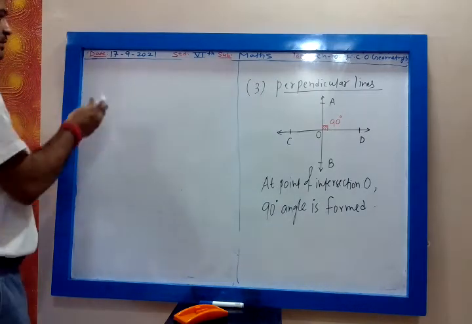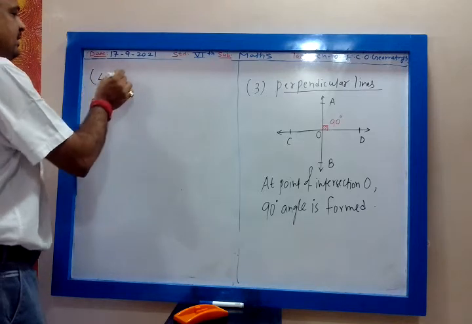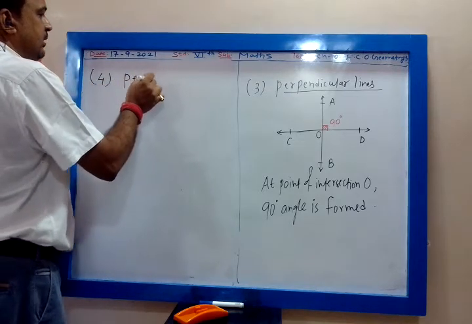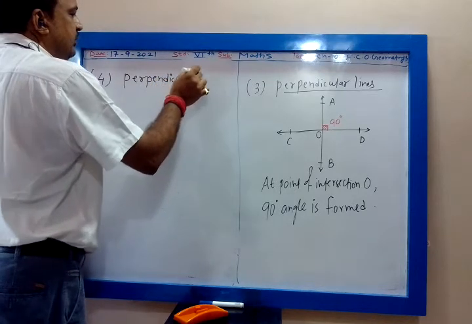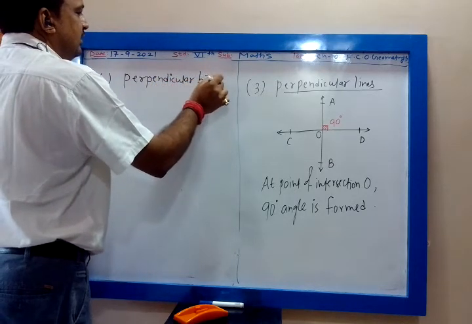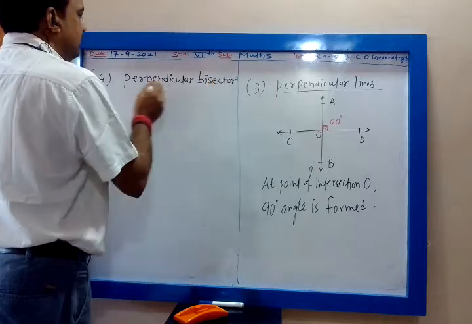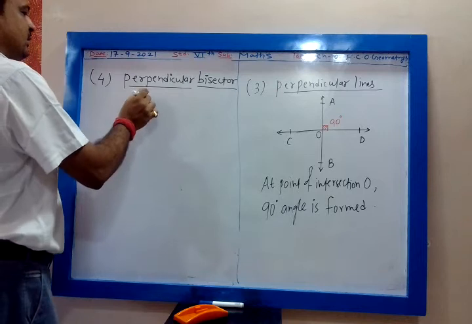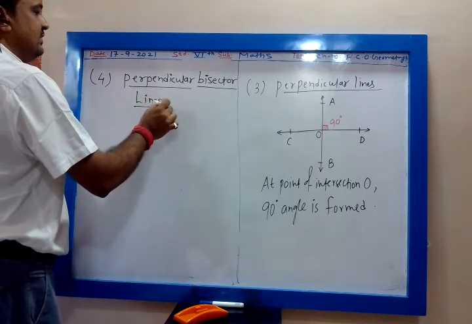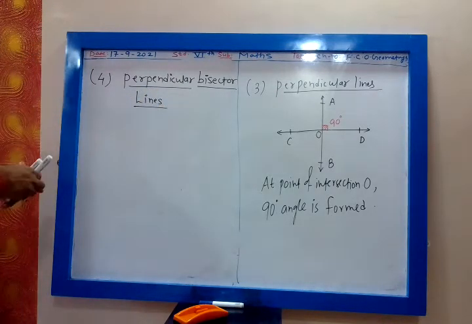Now fourth is perpendicular bisector lines. Let us take one example.